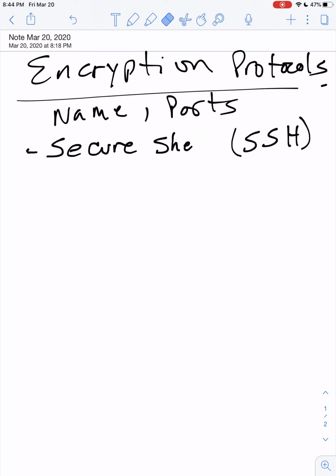Remember back in the day, a few weeks back, we talked about Telnet, how Telnet's kind of a remote keyboard or remote entry to a network device, such as a router or a switch. Secure Shell is the encrypted version of Telnet.